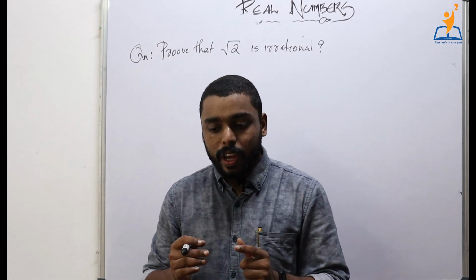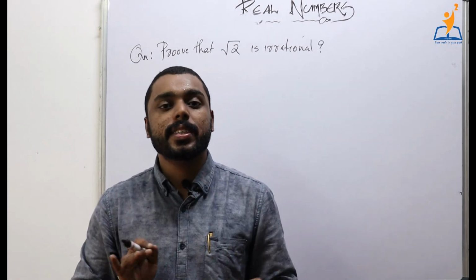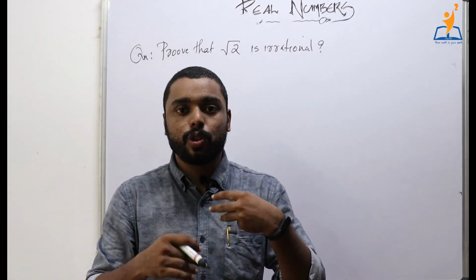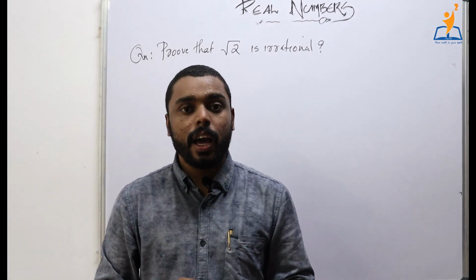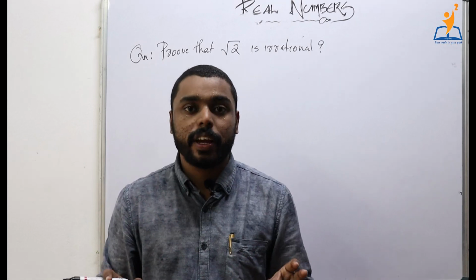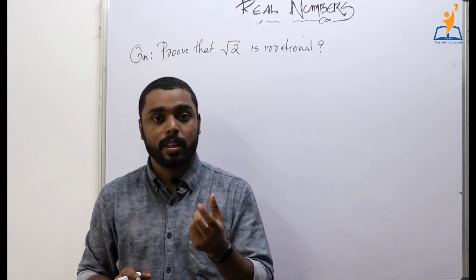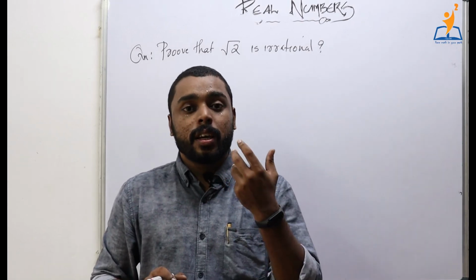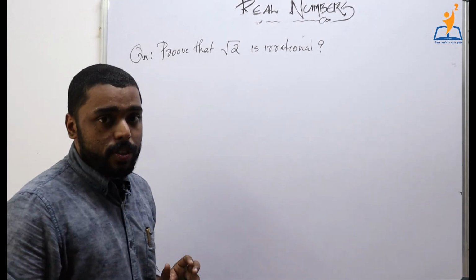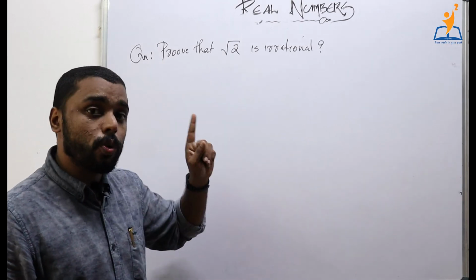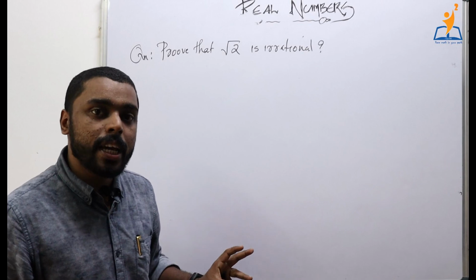We assume that root 2 is rational. Then we go through the further set of proofs and find a contradiction. Then we can clearly state that our assumption was wrong. What was our assumption? Root 2 is rational. If our assumption that root 2 is rational is wrong, then root 2 must be irrational.